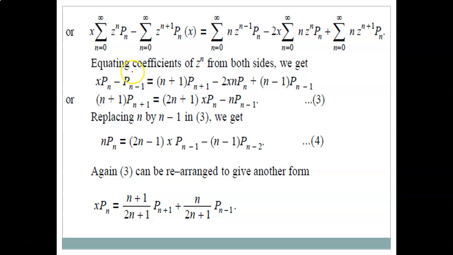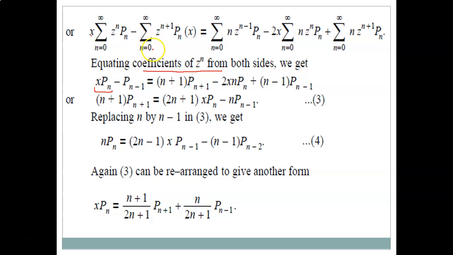When we equate the coefficient of z raised to power n on both sides, the coefficient of this in this situation is x into Pn. In the right hand side, when you open this, where do you get z raised to power n?